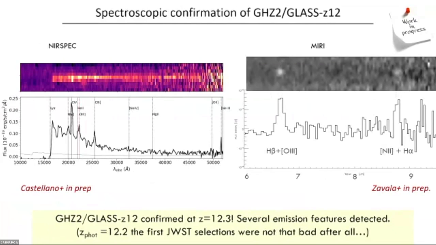To my knowledge, this is the most distant galaxy ever detected with MIRI. You see the complex of H beta, oxygen III, and nitrogen II and H alpha blended. On the left, you see the NIRSpec spectrum with blooming emission lines, right at redshift 12.3, which is very close to the photometric redshift. So these are good news.